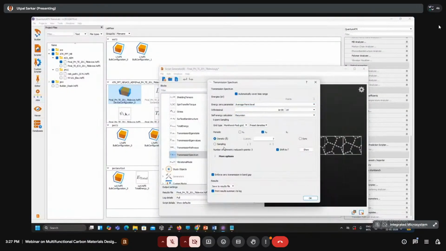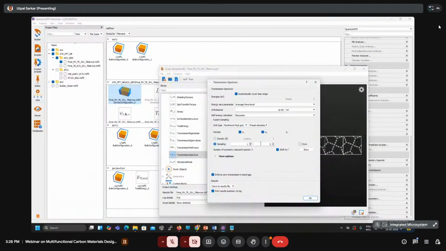So here we have to choose the energy, then sampling. For sampling we have to choose the convergence.